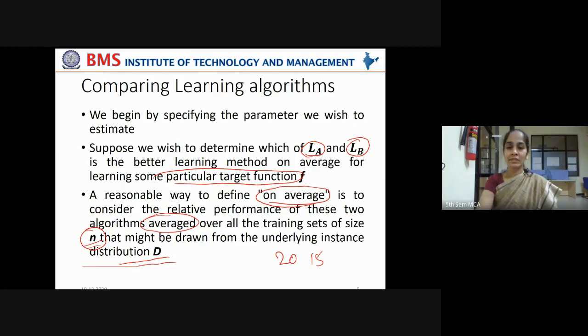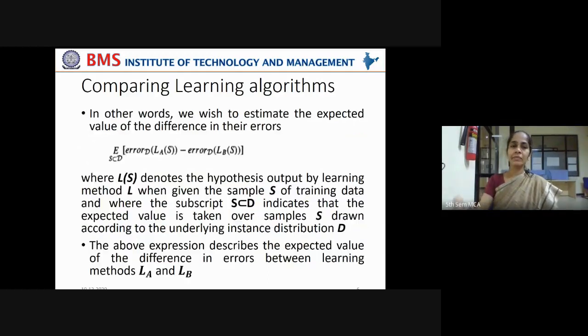Okay, so this underlying instance distribution D means they are assumed to follow a distribution, the same underlying distribution. They are said to come from the same distribution. Okay, that is D. Now, in other words, we wish to estimate the expected value of the difference in their errors.